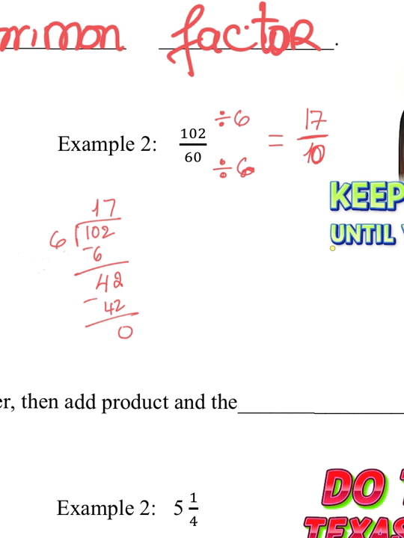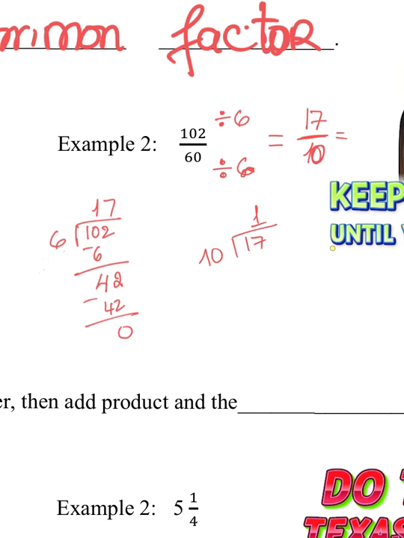But 17 over 10, what kind of fraction is this? So 17 over 10, it is an improper fraction. So I'm going to reduce it to make it a mixed number, right? So 17 divided by 10, how many times does 10 go into 17? 1 time.